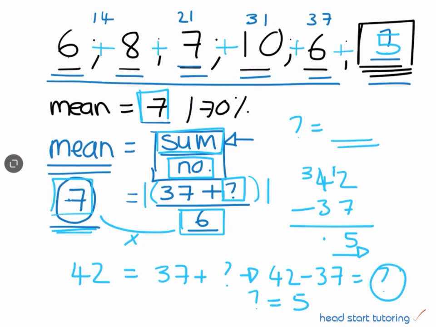So if we plug 5 in here, 37 plus 5, we get an answer of 42, and 42 divided by 6 is equal to 7. And that's exactly what we hoped to find out.